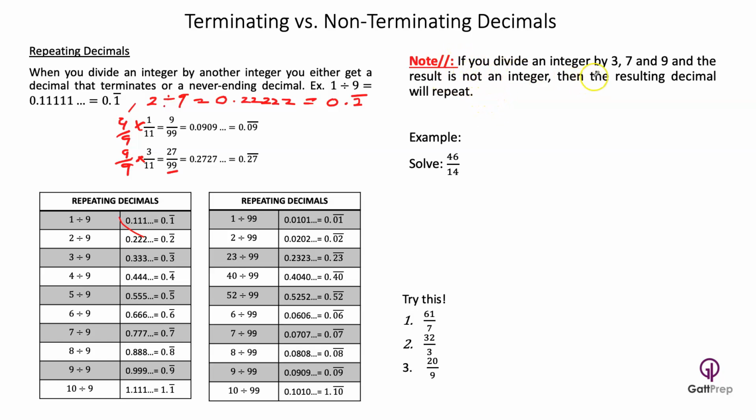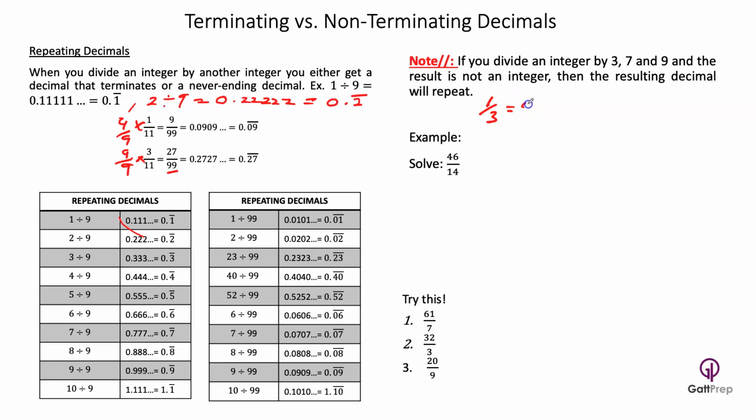Now, let's look at this particular rule. If you divide an integer by 3, by 7, or by 9, and the result is not an integer, then the resulting decimal will repeat. I want you to take note of this. So 1 divided by 3 will repeat.